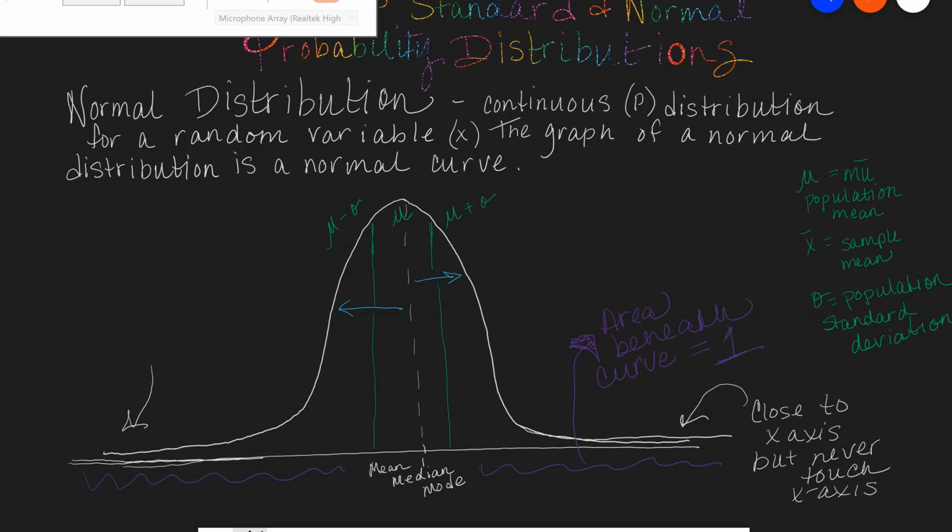Well, think about what you know about probability distributions. An empirical probability ranges from 0, not a chance that some event is going to occur, to 1, it's absolutely going to occur.